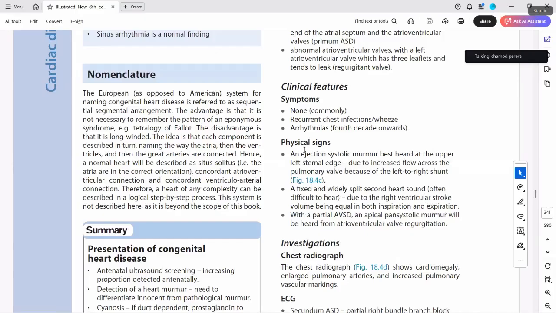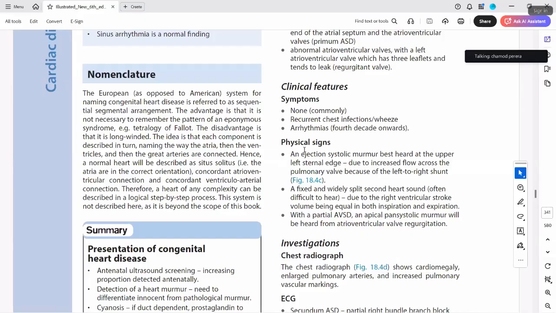Usually the blood in the left side of the heart shunts across, and because of that the right-sided cardiac output is going to be high. Now, as we know, during inspiration, because of the negative intrathoracic pressure that is created, the venous return to the right side of the heart increases.